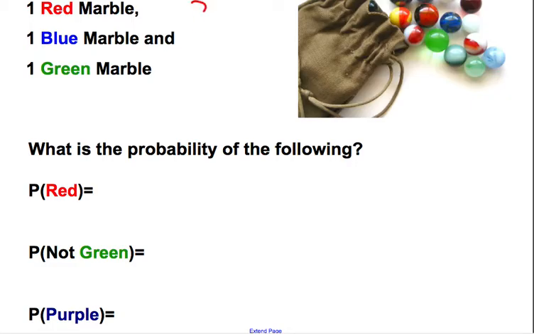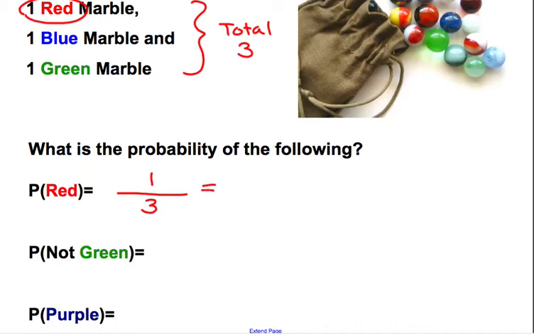So we look at our sample space. There are a total of 3 marbles. Remember, that's going to be in our denominator, our total of our sample space. Now we need to see how many times you could pick a red marble. There's only 1 red marble in our batch. So we have a 1 in 3 chance of getting a red marble.